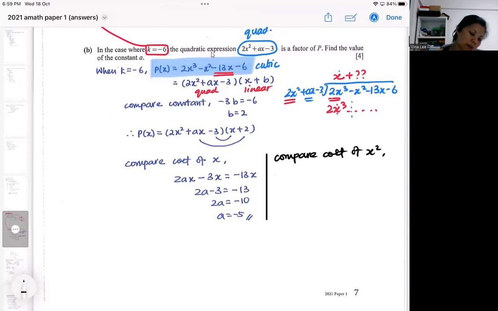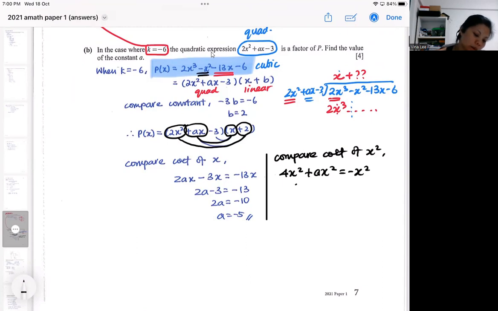Which terms will give me x squared? This and this, so I will have 4x squared. Then this and x, so I will have ax squared. And that will be equal to the -x squared.